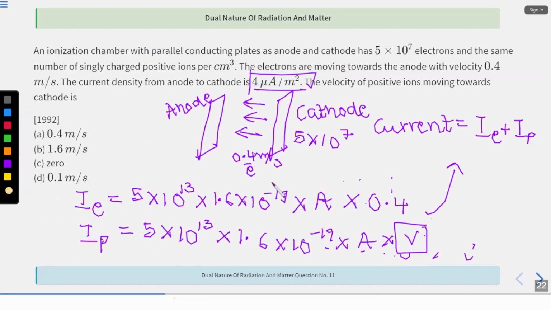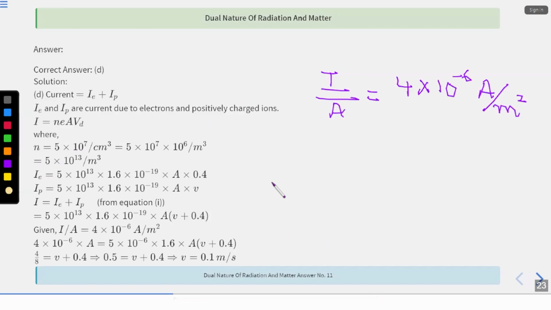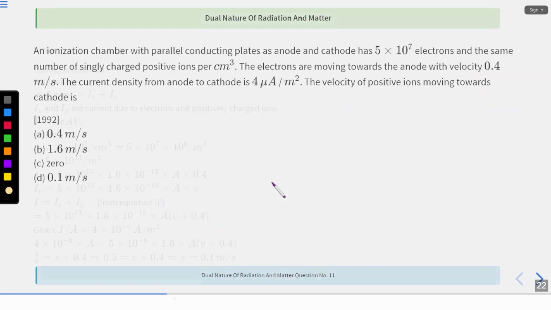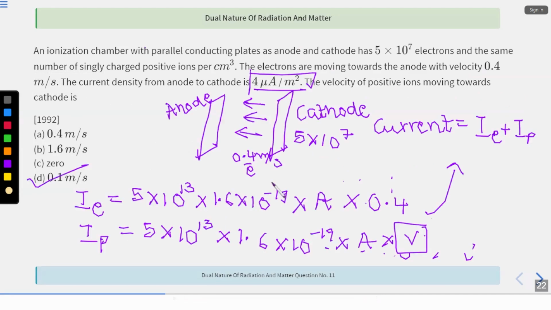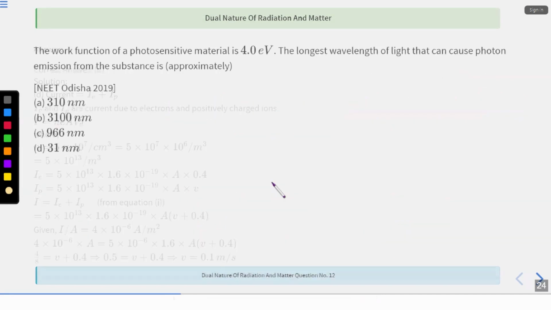So we'll just substitute the values. Substituting the values, you'll get finally that our velocity is 0.1 meter per second. We equate these and then substitute, and finally you get it to be 0.1 meter per second, and that is our option D. Okay. Moving on to the next question.